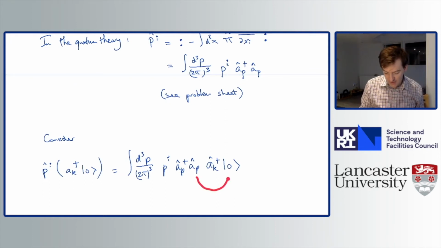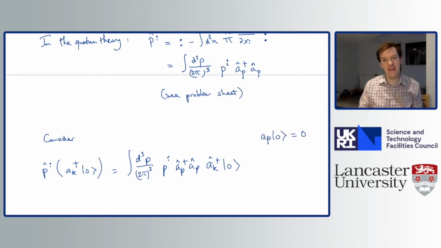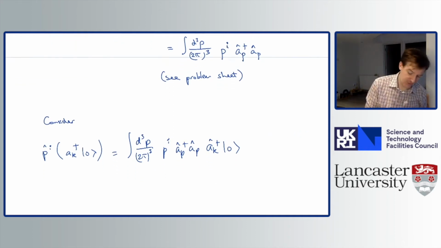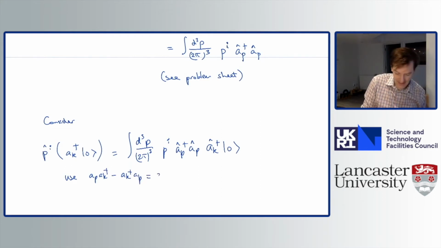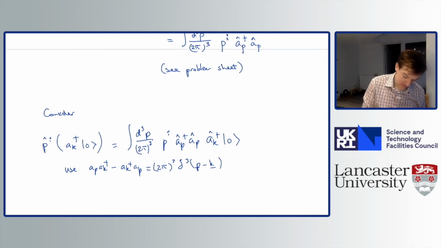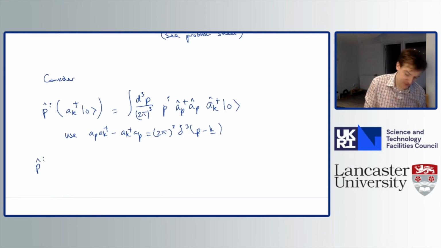We want to bring the things that give 0 when they act on the vacuum state to the right. We know that A_p acting on the vacuum state is 0, so we want to bring our annihilation operators over to the right-hand side. We can just use our commutation relations to do that. We're going to use that the commutator of A_p and A_k dagger is 2 pi cubed delta 3 of p minus k, just our familiar commutation relation.